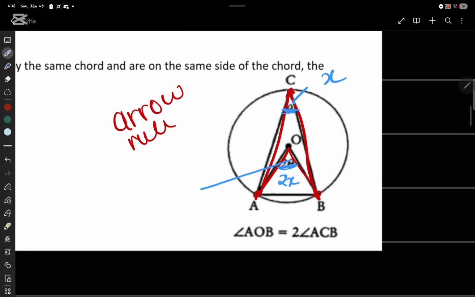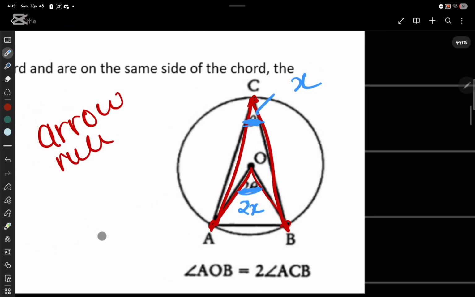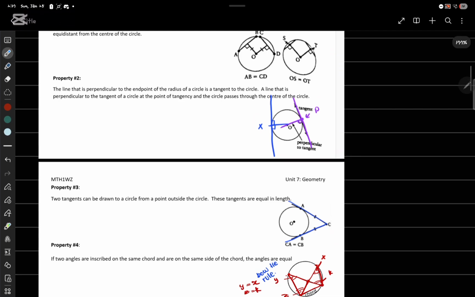So the angle on the bottom side here, between the bases of the arrow, would be 2 times the angle that is formed on top of the arrow, if you guys see what I mean. So basically, the angle below here is twice the angle that's touching the circumference up here. So that's basically the theorem.